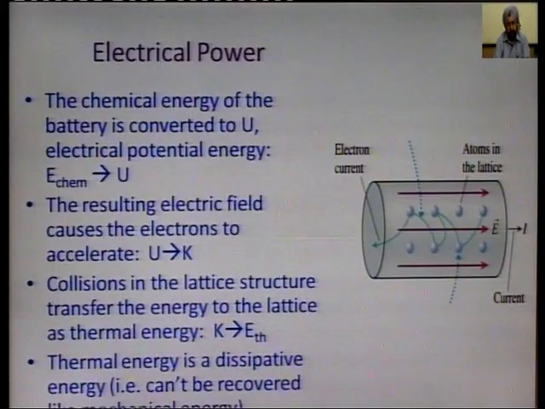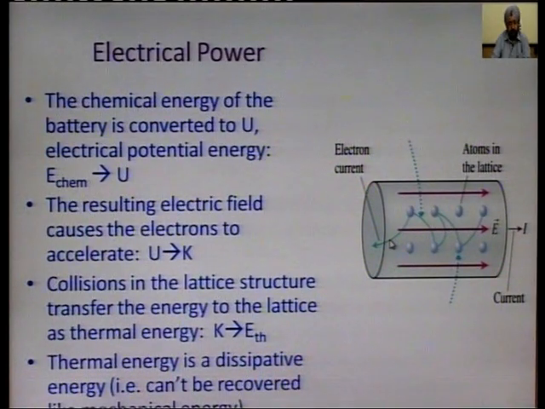Now, you apply a battery to a circuit. There is a chemical inside the battery. The chemical energy of the battery is converted to electrical potential energy. Chemical energy gets converted to potential energy. Because the electric field is set up by the potential difference of the battery, this causes the electrons to accelerate.